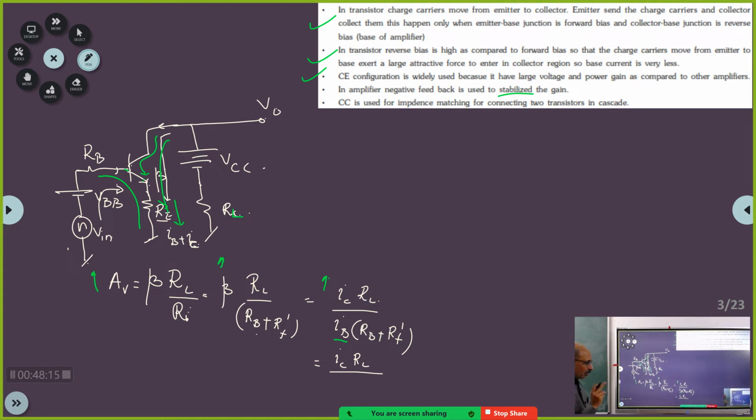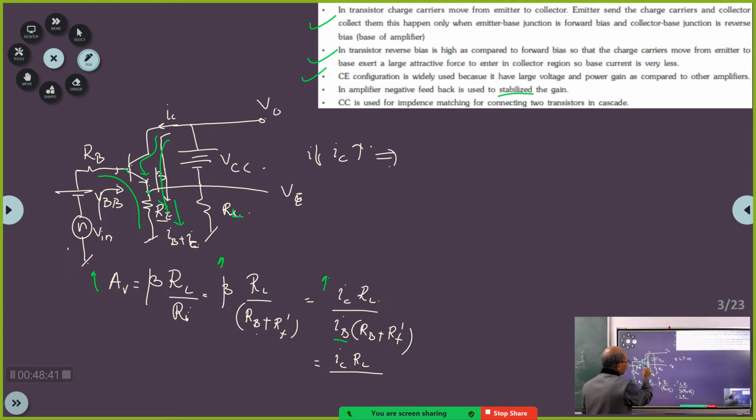So now you try to understand the situation. What happened to this voltage VE? If this IC increases, then what is the implication?